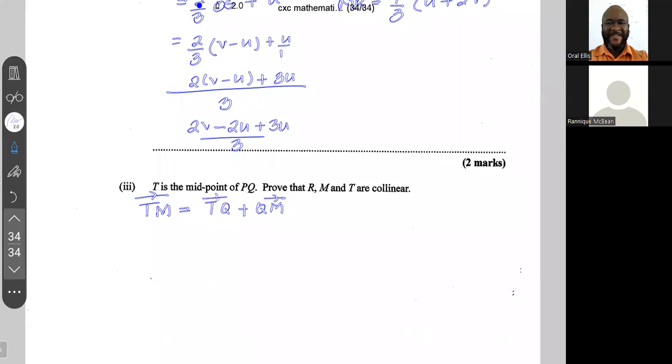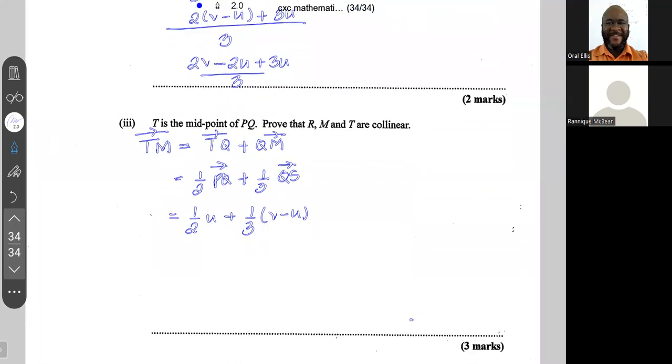So remember, T is in the middle of PQ. So TQ is a half of PQ. And remember that QM is 1/3 of QS. So this is a half of U plus 1/3 of V minus U.